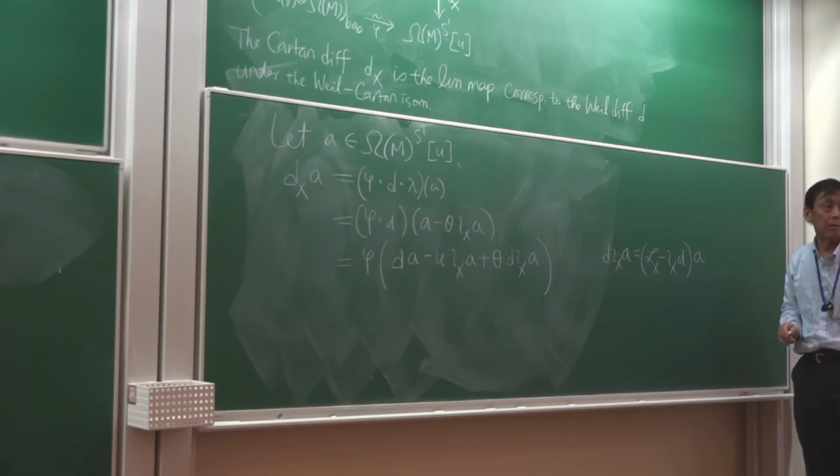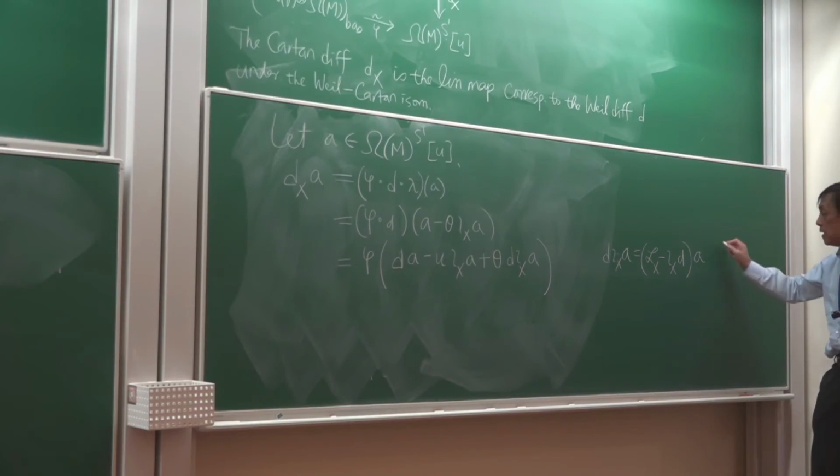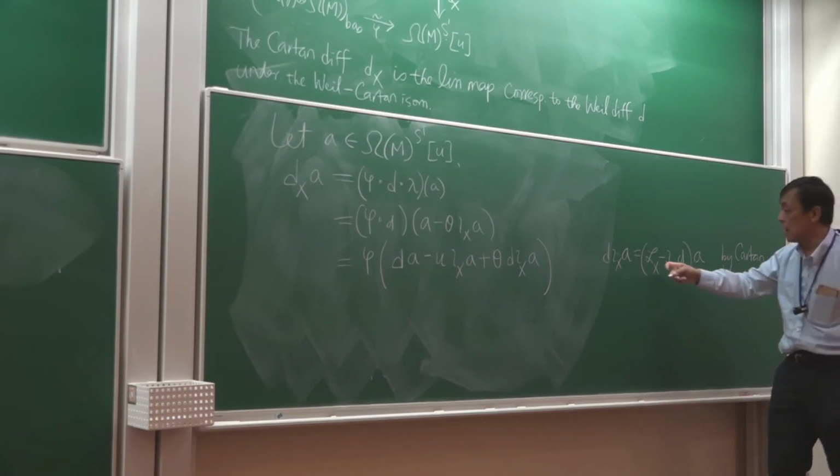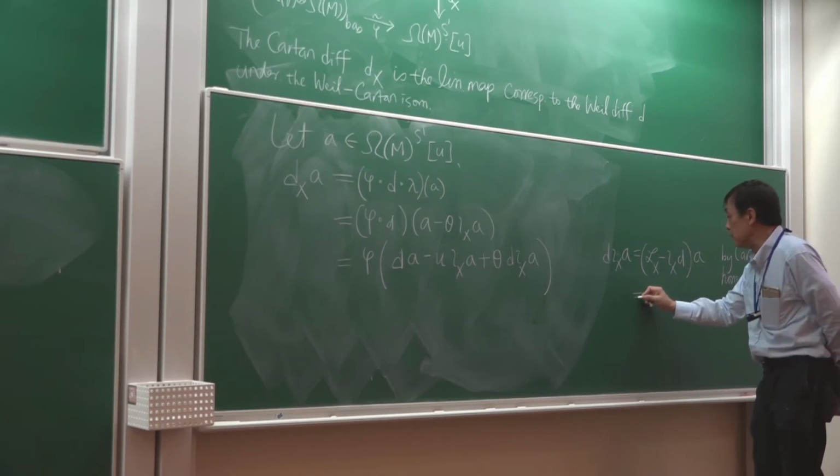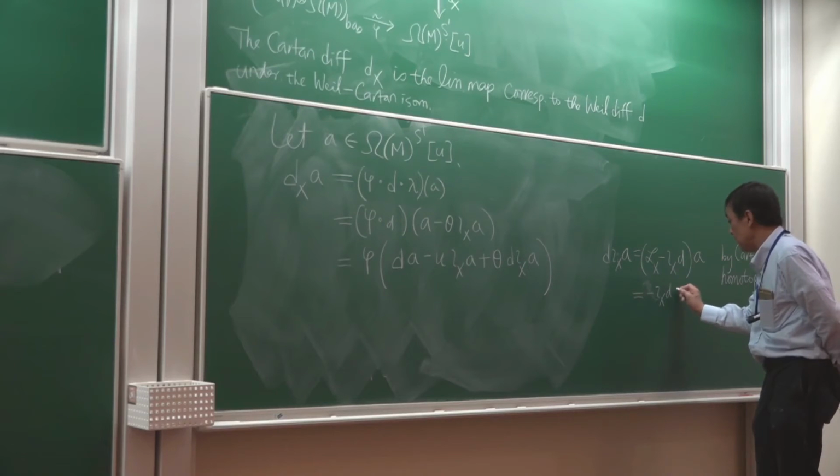By the Cartan homotopy formula. L_x A is 0 because A is invariant. So this is minus i_x dA.